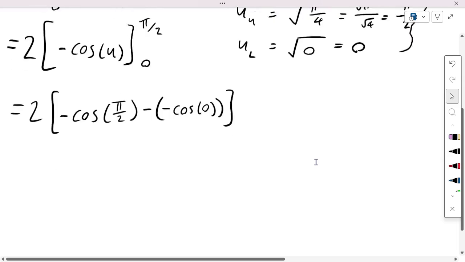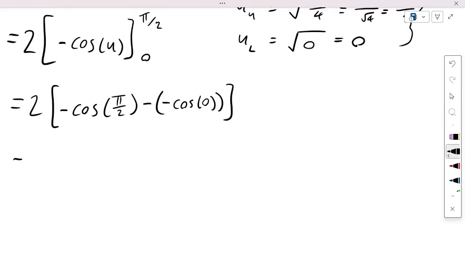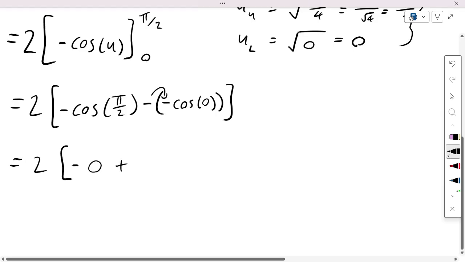And now we just need to go further here. 2 multiplied by negative cosine of pi over 2 is just equal to 0, and then minus, or this is actually going to be plus because the negative and the negative gives a positive. This is plus cosine of 0, which is equal to 1. Therefore, we can disregard this 0, and 2 multiplied by 1 is just equal to 2. And that is our answer for this definite integral.